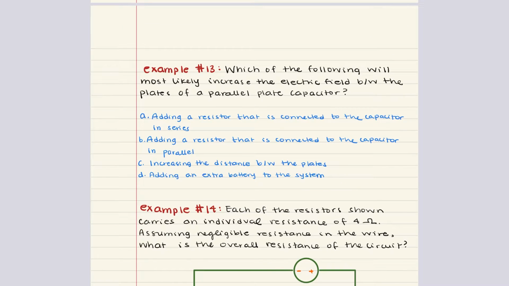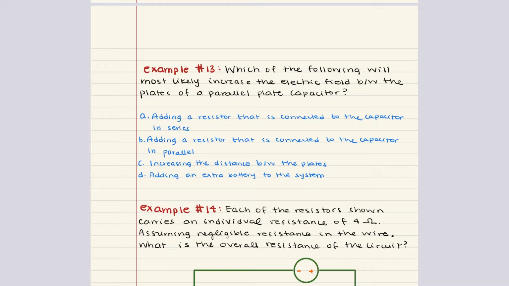Problem 13 says, which of the following will most likely increase the electric field between the plates of a parallel plate capacitor? Before we work through each of the answer choices, I want to remind you that a parallel plate capacitor consists of 2 metal plates separated by a small gap that's often filled with air or another dielectric material.